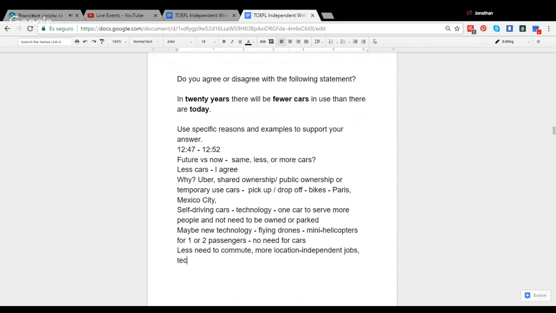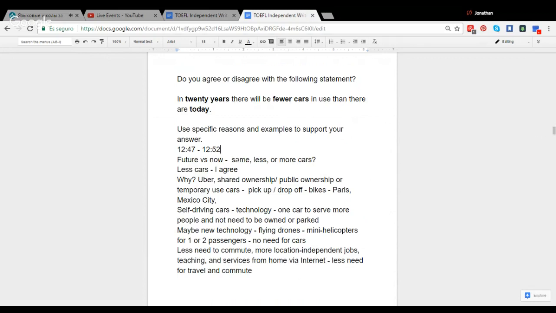So things like teaching and services from home via the internet. So that could also mean less need for travel and commute. So who knows? So those could be my 3 ideas.